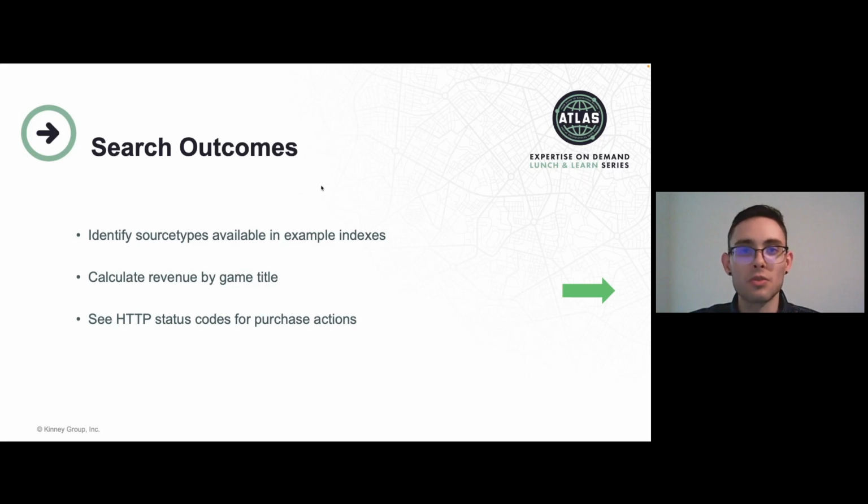If you all have been through the Splunk training courses, you'll probably recognize some familiar data there, talking about the sales of particular video games. And then the last example, we're going to look at HTTP status codes for different purchase actions. So get an idea if there are particular errors across different actions in web logs.